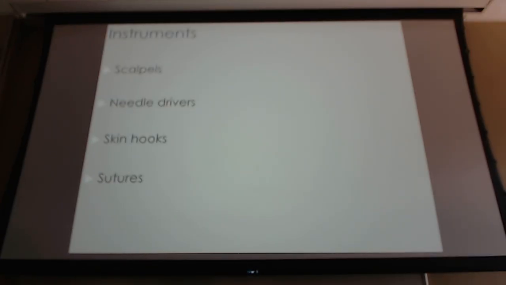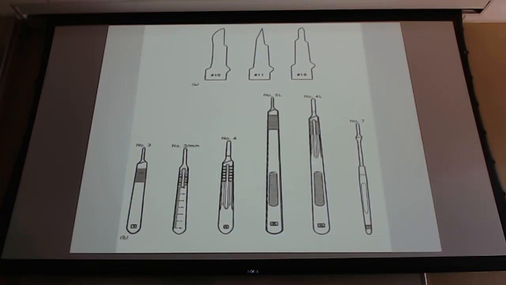Instrument-wise, we've got scalpels, right? So we've got 10 blade, 11 blade, 15 blade. There's a lot of those out there, but you will become familiar with the ones that work best for you. We can have something that is already sent to you with the blade attached to the plastic scalpel handle, but if not, then you can hook them up.